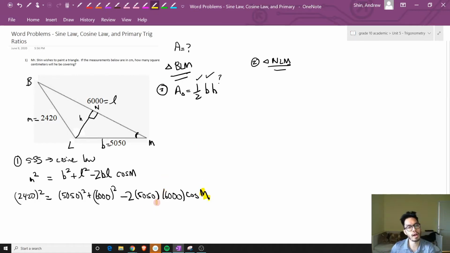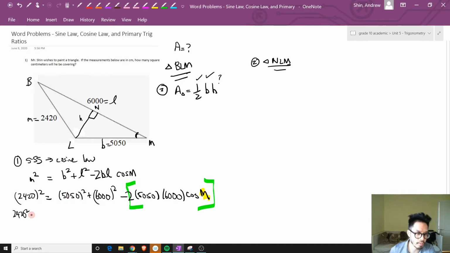So in order to isolate for m, we need to isolate all of this first. That means we're going to simplify all this and move things to the other side. So 2420 squared. Actually, I'm going to leave it separate. And I'm going to move this to the other side.